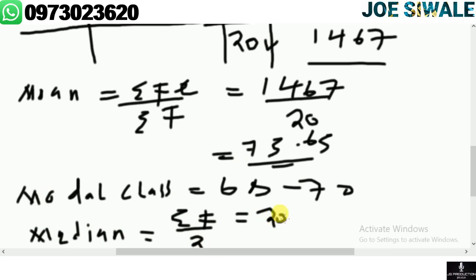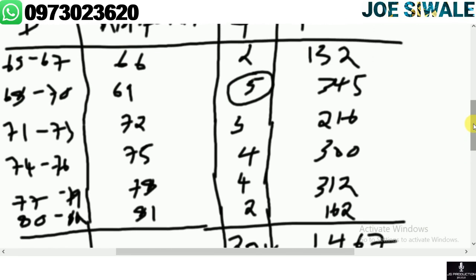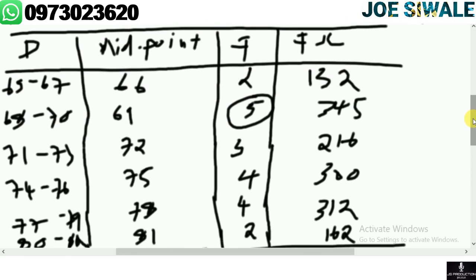So 20 divided by 2 is 10. To find the median class, we add the frequencies, and the one that gives us 10 will be our answer. So if we say 2 plus 5, that's 7, plus 3, that's 10. That means that our median class will be 71 to 73.